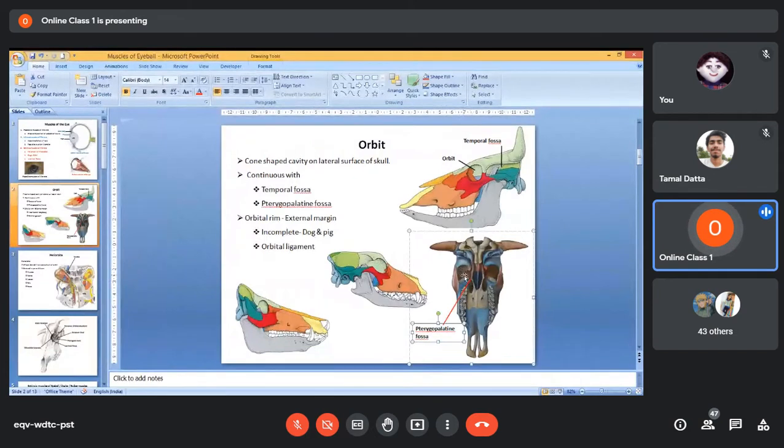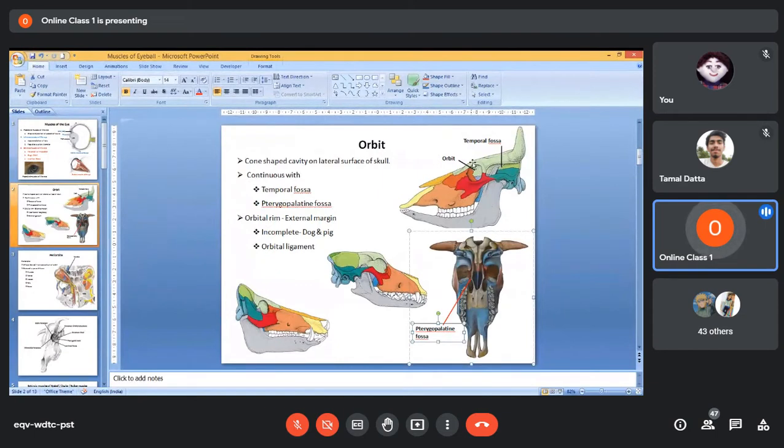And this cavity that you see here is the orbital cavity that you can see from the ventral aspect. On the side of the orbital cavity, here you have the pterygopalatine fossa. So the cone-shaped orbit is continuous posteriorly with the temporal fossa, and medially you can say is continuous with the pterygopalatine fossa.